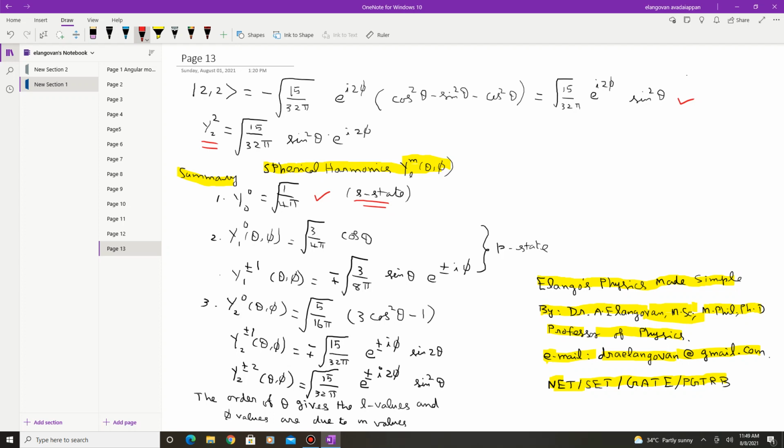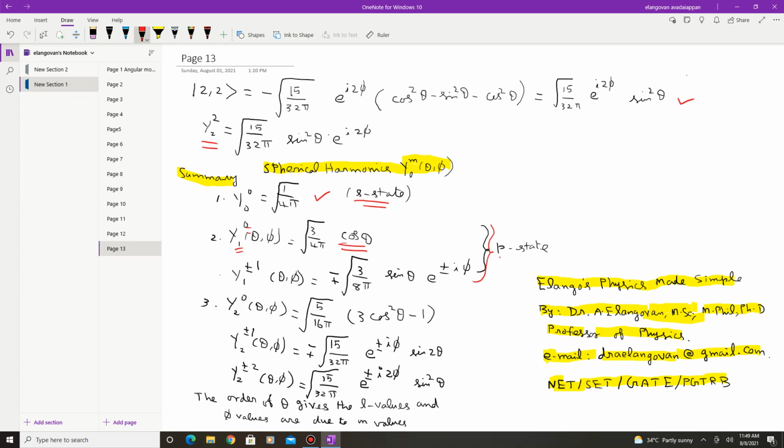If we put L is equal to 1, there are 3 possibilities: M is equal to minus 1, M is equal to 0, M is equal to plus 1. So for L is equal to 1 and M is equal to 0, this is the result, and with plus or minus 1, this is the result. So these 3 correspond to P states, because this is the L is equal to 1 state.